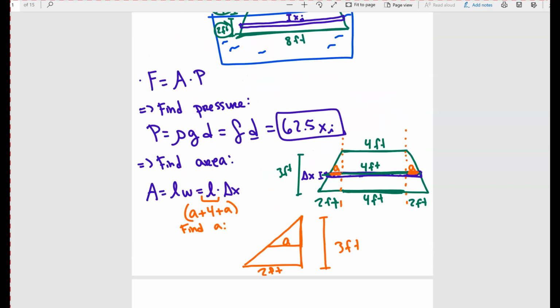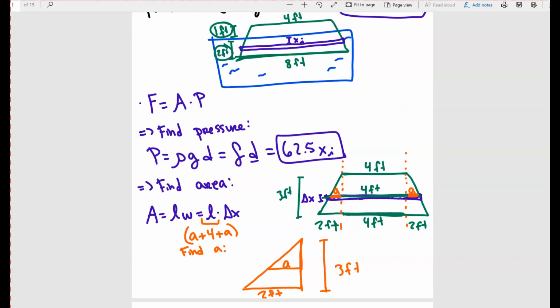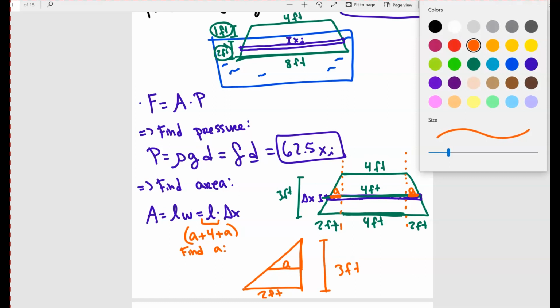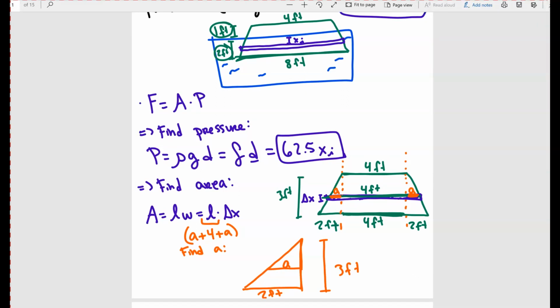Now let's go back to my little figure over here. We know that from the surface to this little strip is xi. So how much is it from the strip all the way to the top of the trapezoid? Well, this part right here is xi, plus this amount. What is this amount? Well, that amount is just 1.